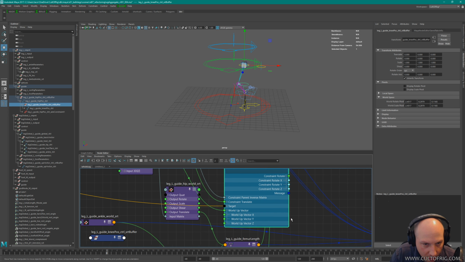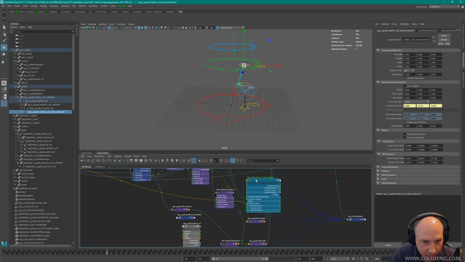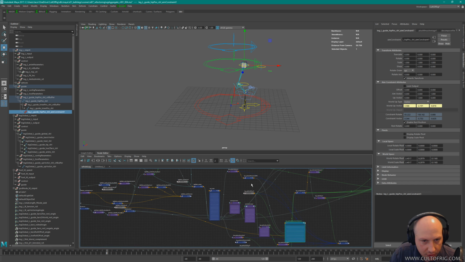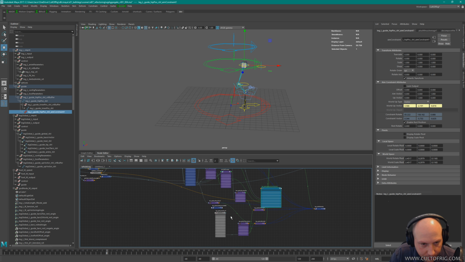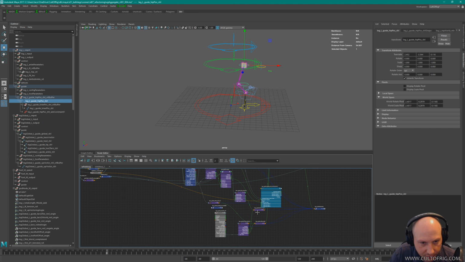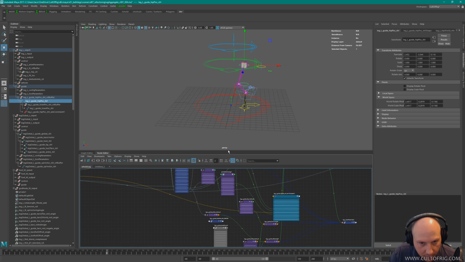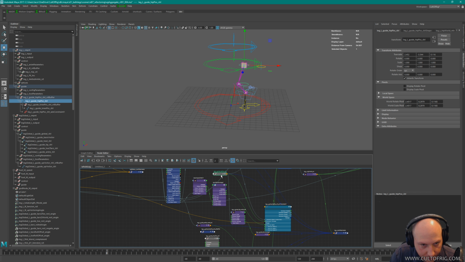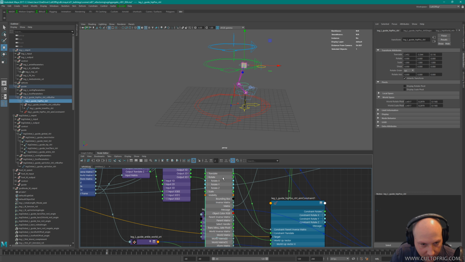Now we are constraint parent inverse. We are interested again. So this constraint is now orphaned, and we're okay with that. So this is the parent of that. Come on. Okay, third time lucky.